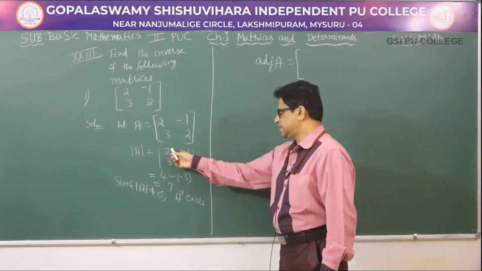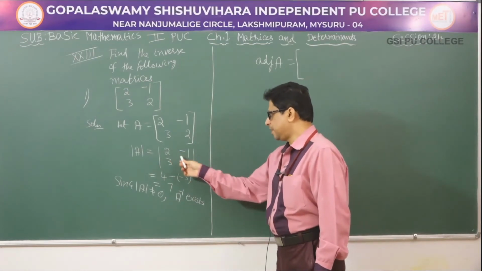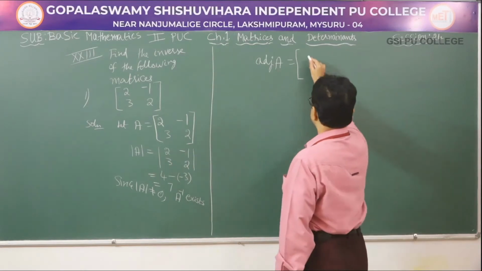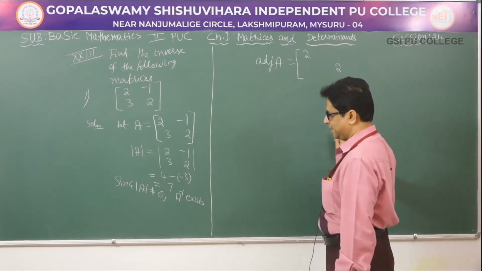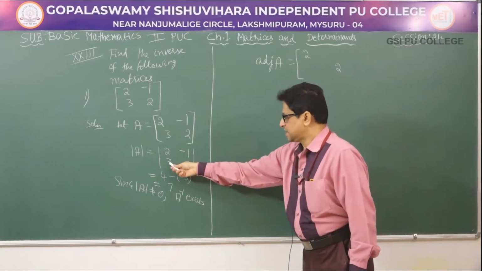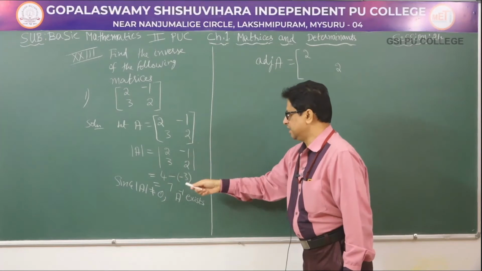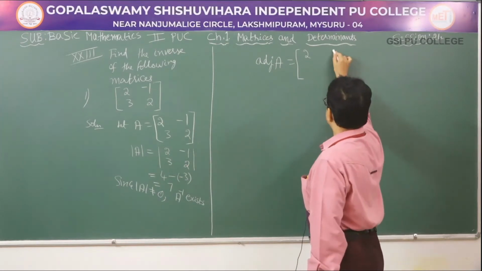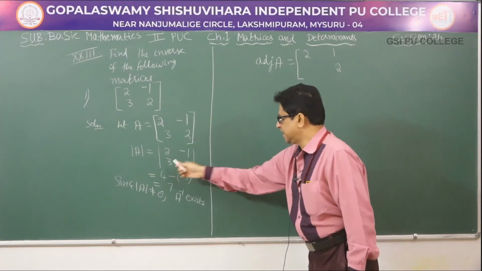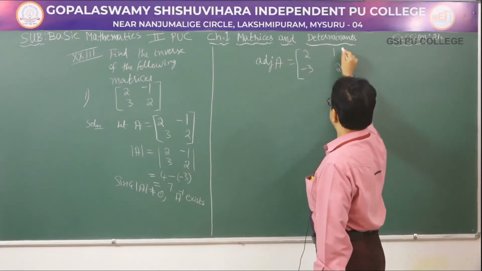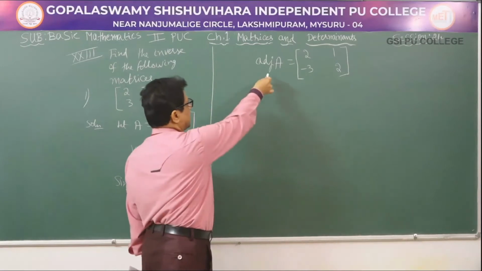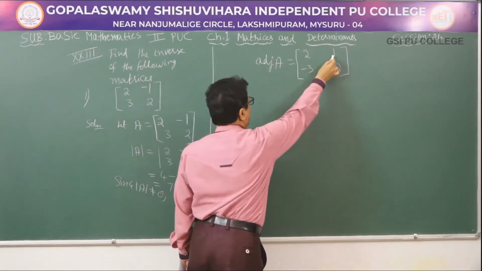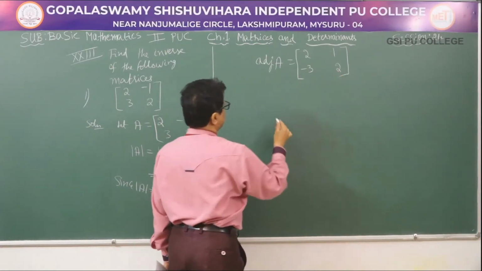That is, interchange the principal diagonal elements and change the sign of the other diagonal. That is, minus 1 becomes plus 1 and 3 becomes minus 3. So, adjoint of the given matrix is 2, 1, minus 3, 2.